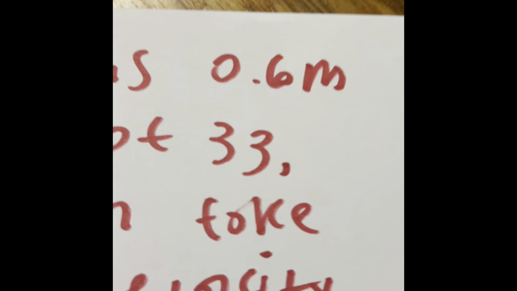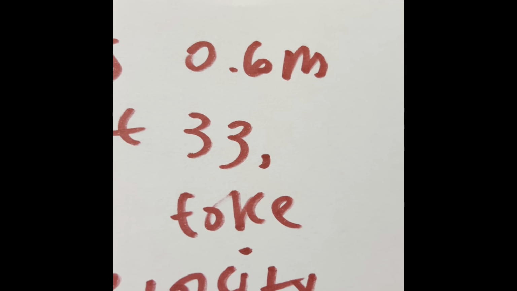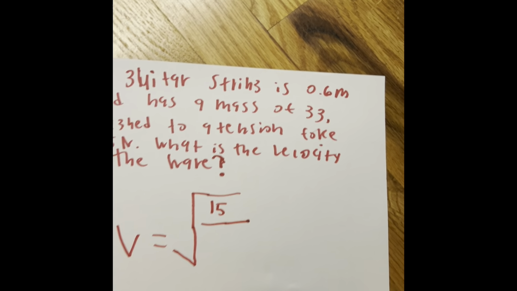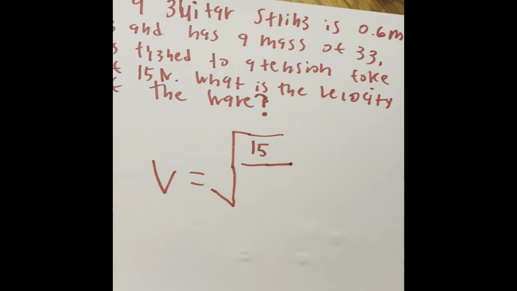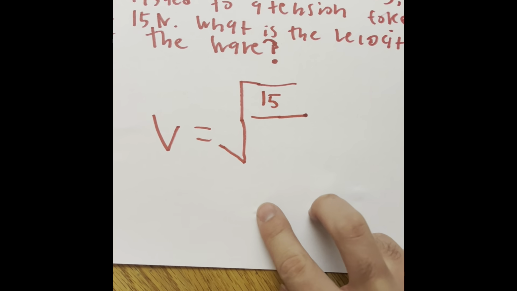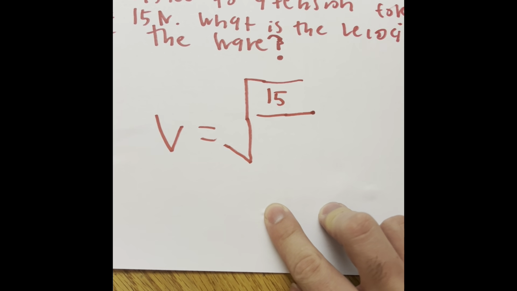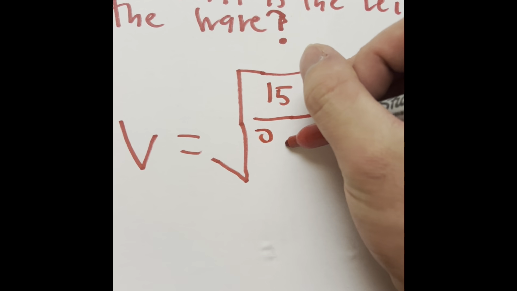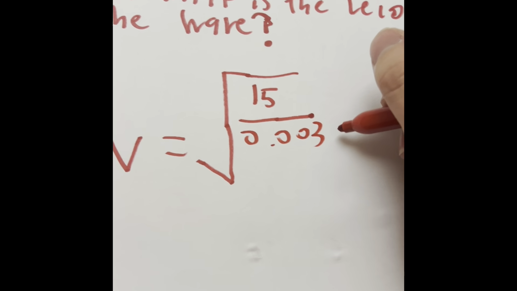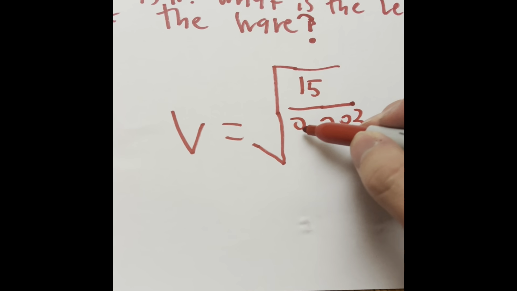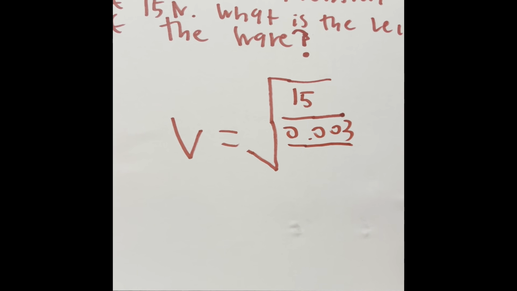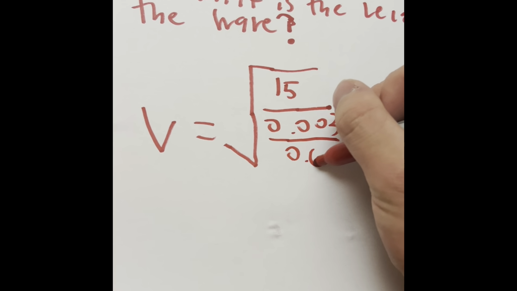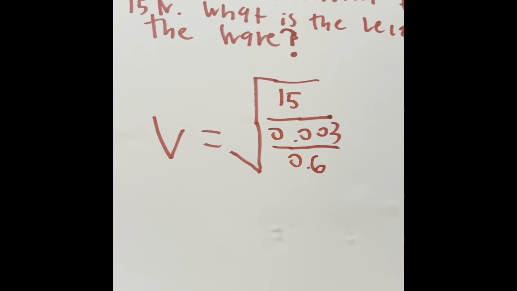But 3 grams is not the right kind of mass. Yes, it's metric, but what we need is kilograms. So 3 grams is 0.003 kilograms. Then we have to divide by 0.6 because that is how long this string is.